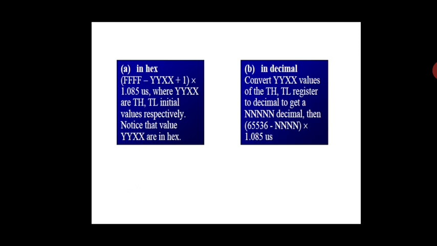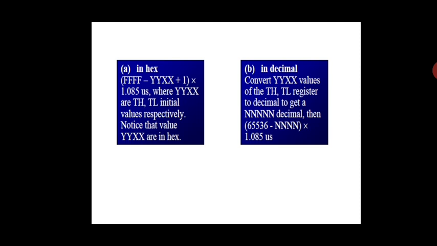Let us move to the next slide. This is the previous slide, which I took from the previous class in order to recall the content. This is the equation to calculate a timing cycle.